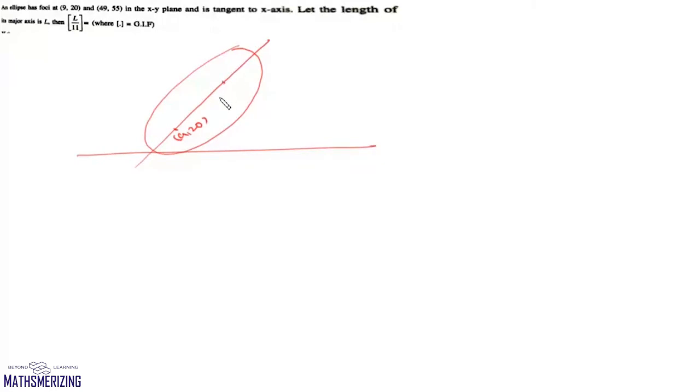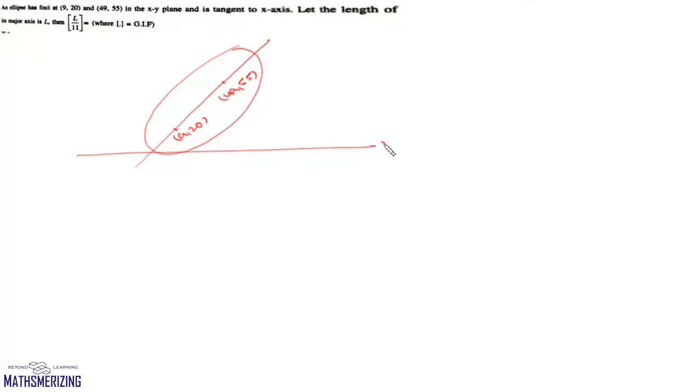Now here the question is: an ellipse has focus at (9, 20) and (49, 55) in the xy plane and is tangent to x-axis. So we have some ellipse whose focus is at (9, 20) and (49, 55).